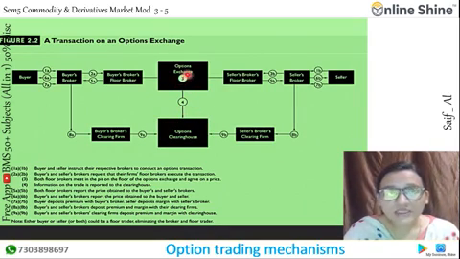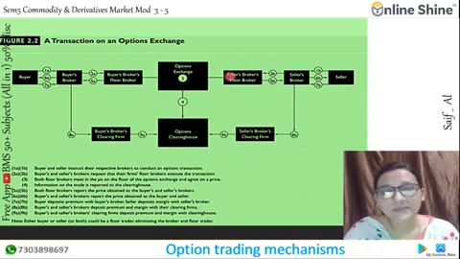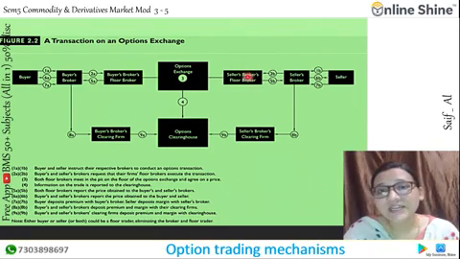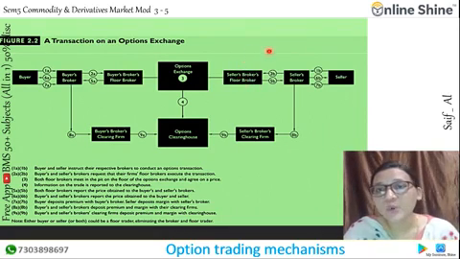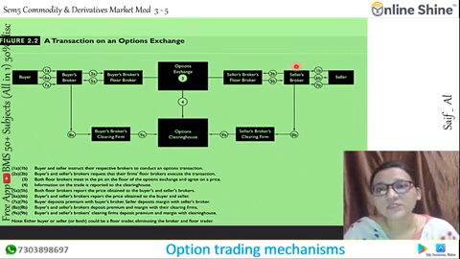Now the buyer floor broker reported to the buyer broker and the seller floor broker reported to the seller broker about the price obtained for the option.